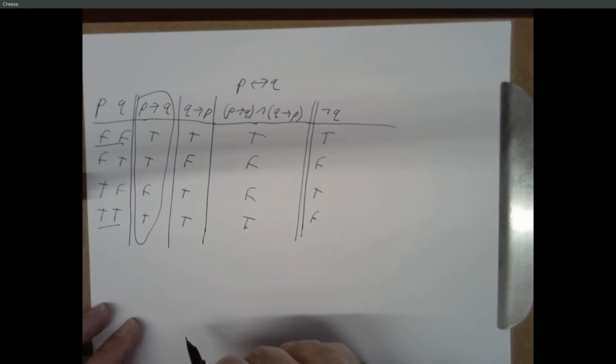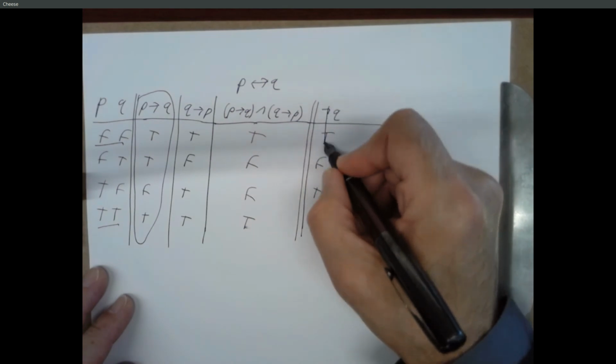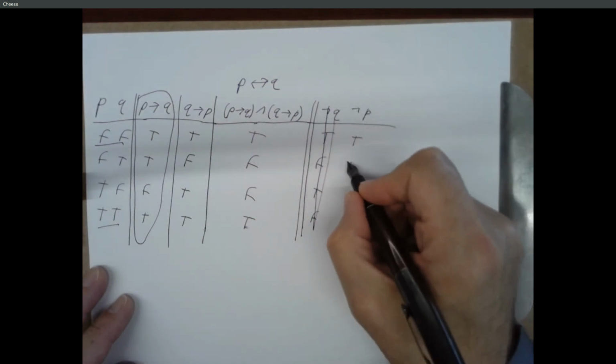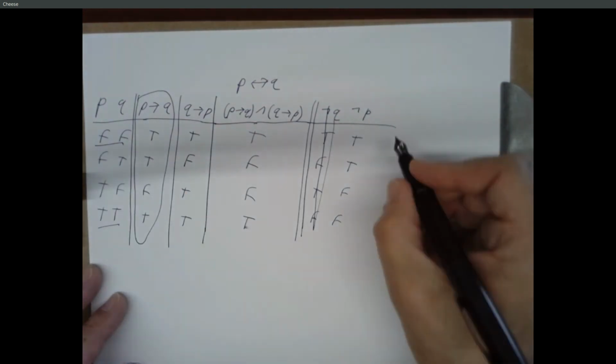Maybe I don't want to do that. Brain freeze, hold on. Let's do not P. Okay, so I'm complementing P, that's what we call not P.